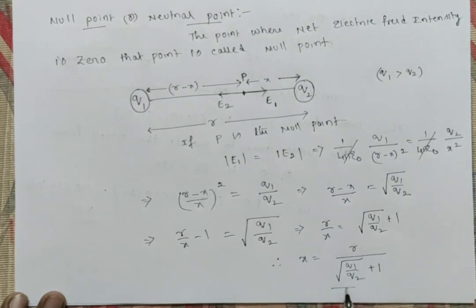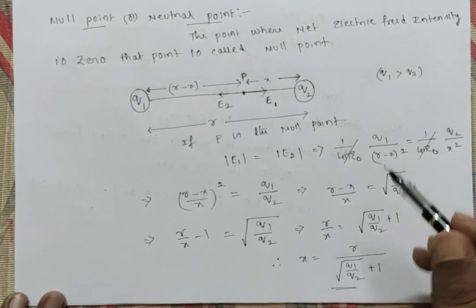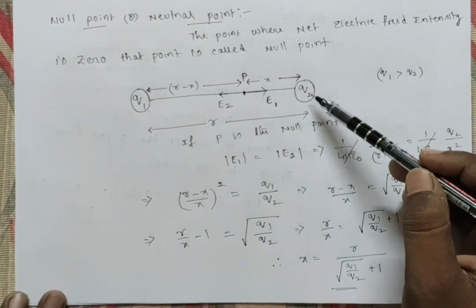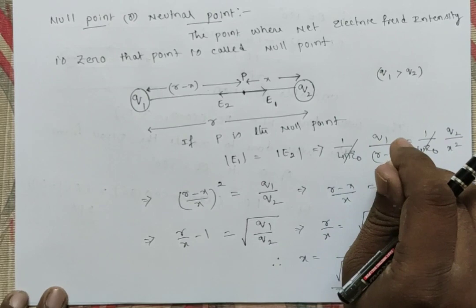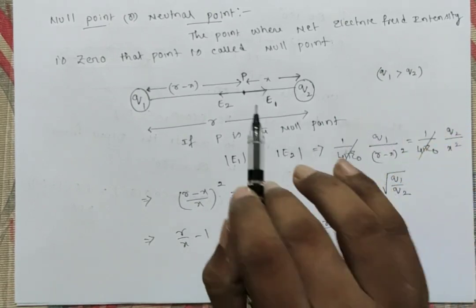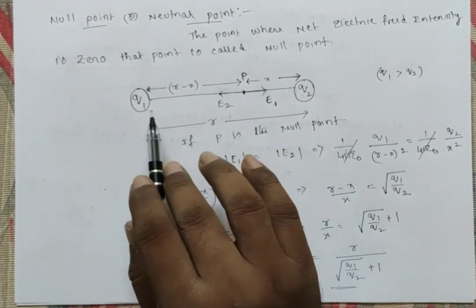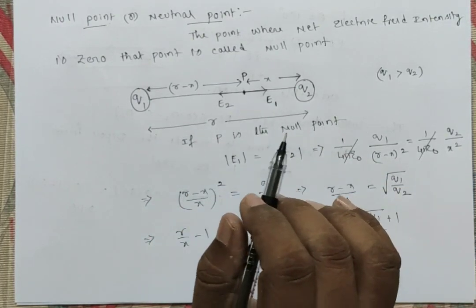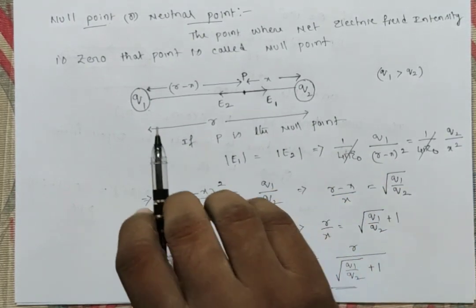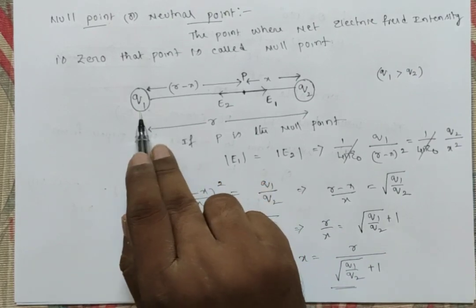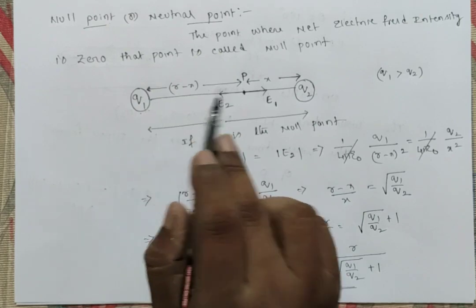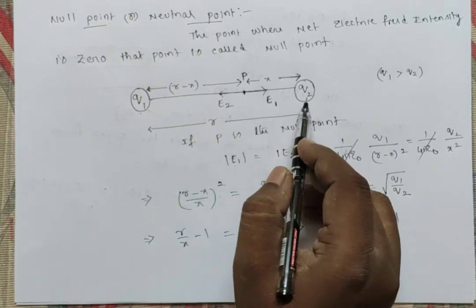So this is the distance from the charge which has the smaller magnitude. You should understand one point here: the null point is always possible closer to the charge of smaller magnitude. The reason is that a larger charge has a stronger electric field, and a smaller charge has a weaker electric field.